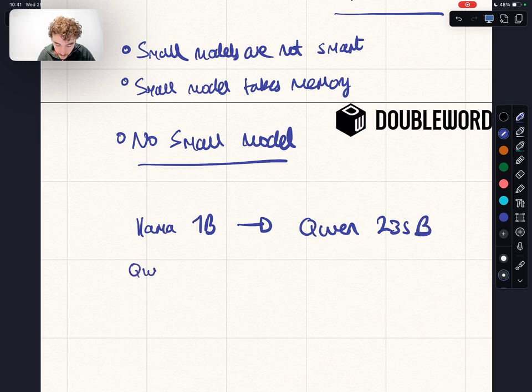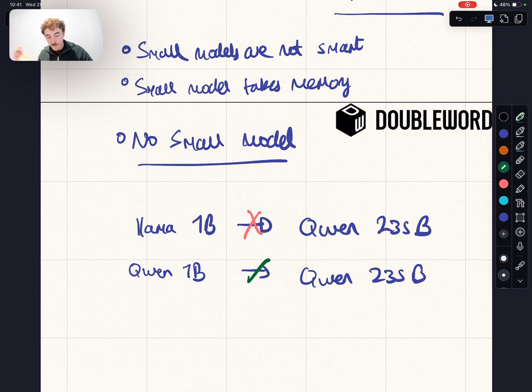If the Qwen model has a 1B model with the exact same tokenizer, and they need to be exactly the same, then you can do this. A lot of models that you might want to accelerate maybe don't have a smaller equivalent model with the same tokenizer that you can use. Sometimes you're just stuck and you can't get anything from them.